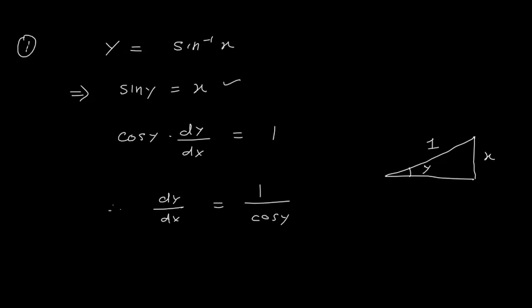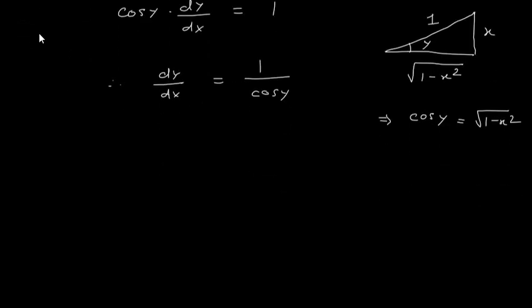So if I take the opposite as x, the hypotenuse will be 1, and if you apply the Pythagoras theorem, you will get the base as root of 1 minus x square. So the opposite is x, the hypotenuse is 1, and by this you can easily find the value of cos y. Cos y is equal to root of 1 minus x square.